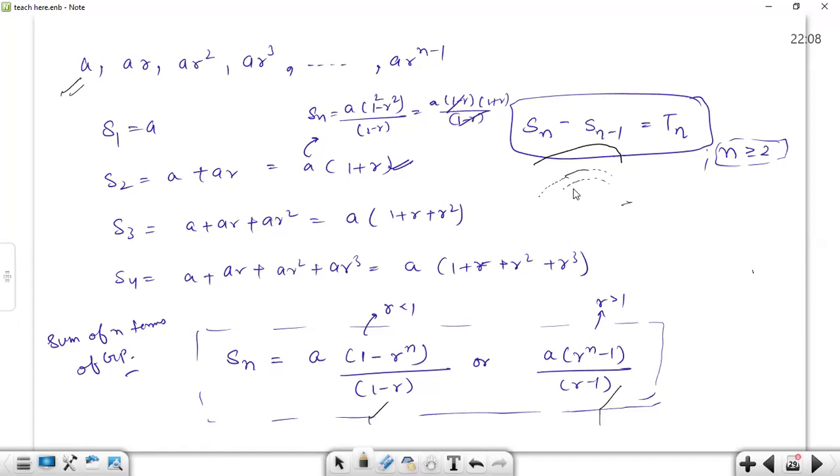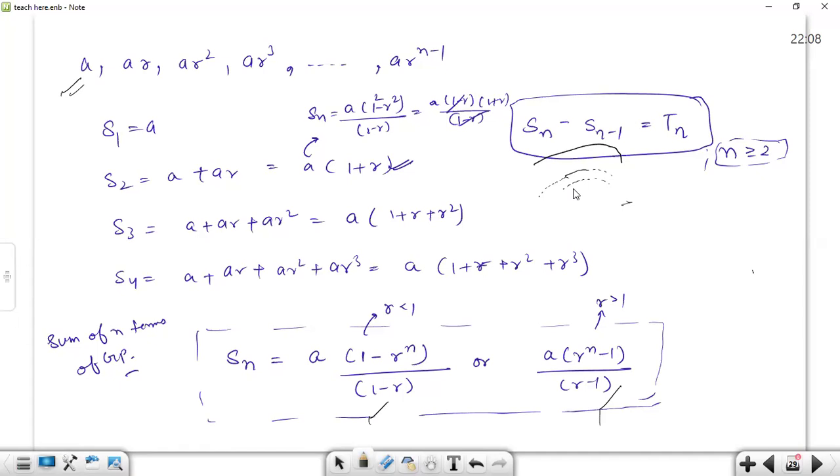Thus, in a GP, the ratio of successive terms is constant. This constant factor is called the common ratio of the GP. Therefore, a GP is a, ar, ar square, ar cube, ar 4. That's how a general GP goes on, where a is the first term and r is the common ratio.